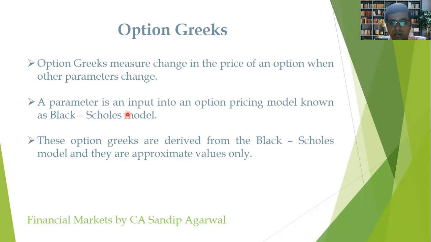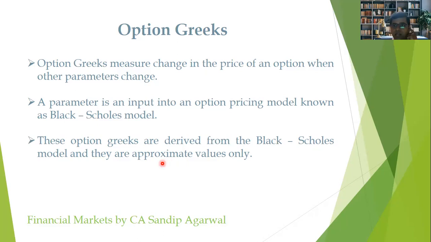We will cover the Black-Scholes model and the option Greeks in this video itself with the help of a practical example, which will give you a detailed insight into how option prices are calculated. Basically, these option Greeks are derived from the Black-Scholes model only, and they are approximate values.